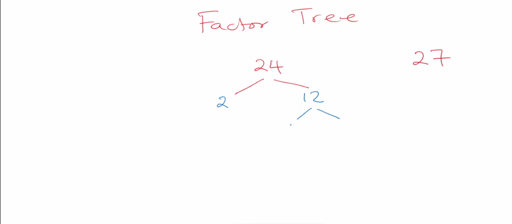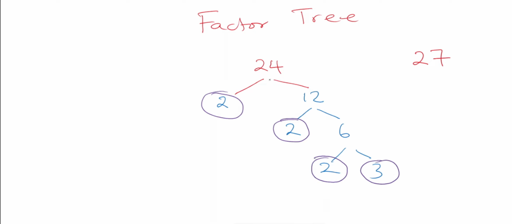So I will bring 2 again, and that gives me 6. I will bring 2 again, and that gives me 3. So now, if I collect all the prime numbers and multiply them, they should give me the prime factors of the number.